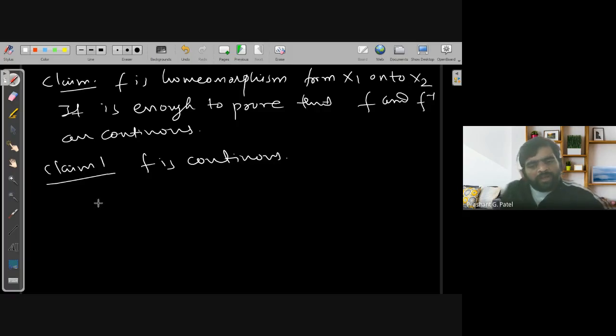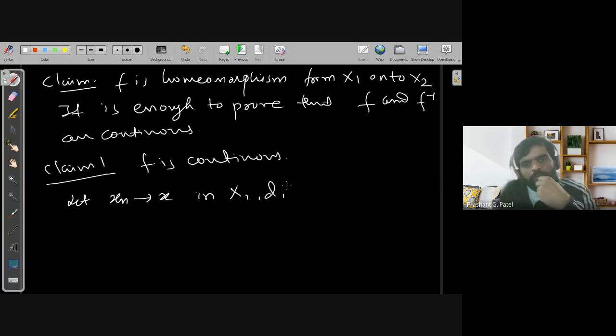There are many ways to do this. Continuity, we are using the definition I have discussed; any of that equivalent statements you can use to prove that f is continuous. I'm starting with the sequence condition. xn converges to x in x1 comma d1, we will prove that f of xn converges to f of x.